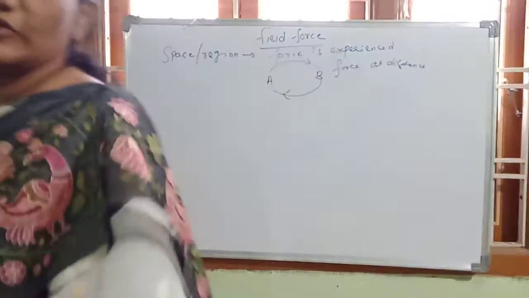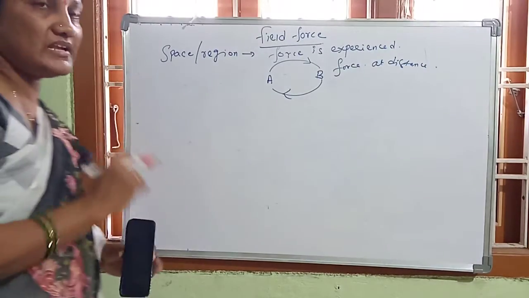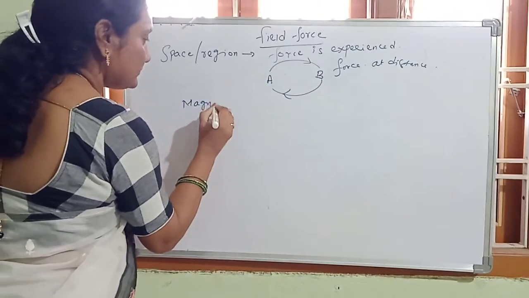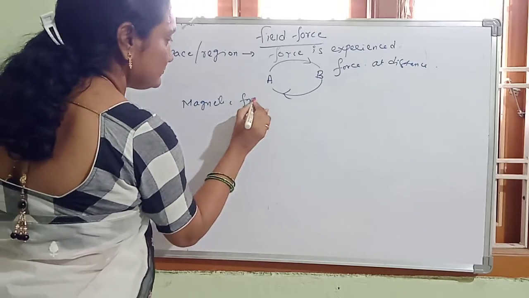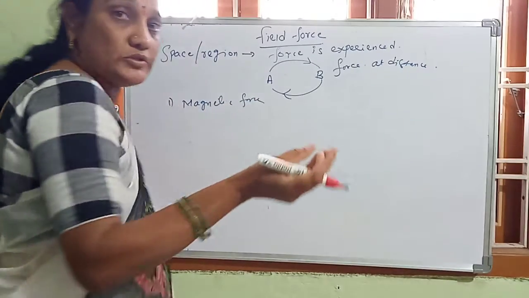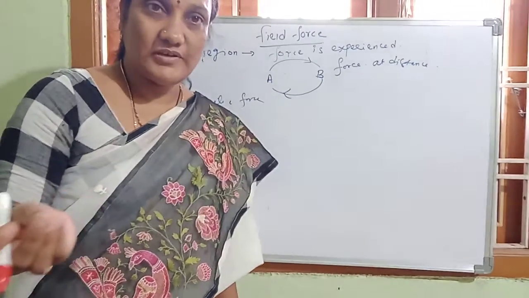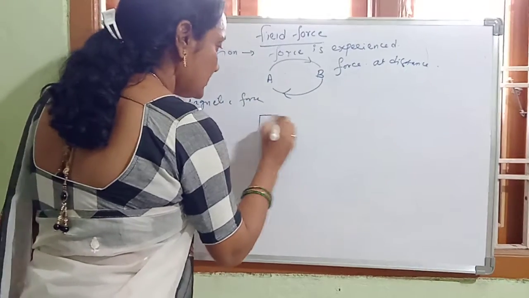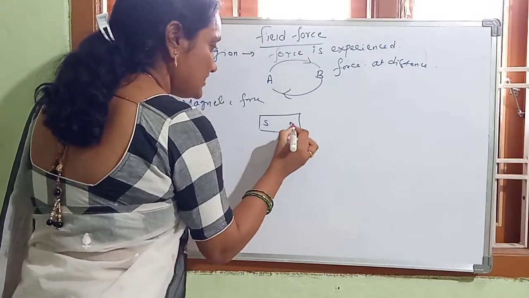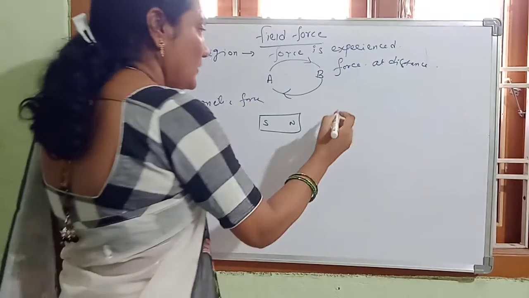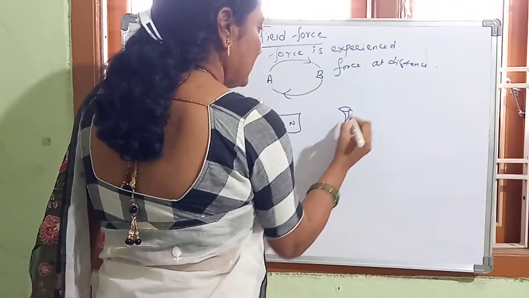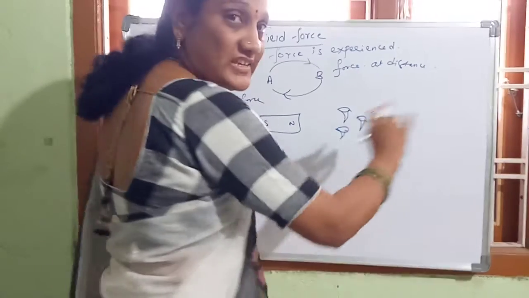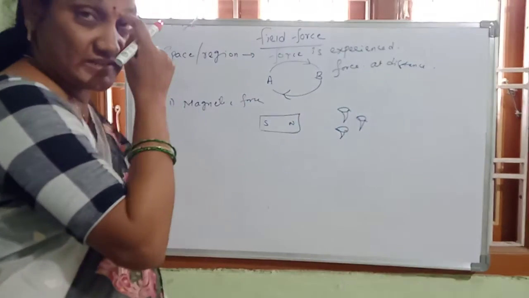Depending upon this, we have three field forces. The first one is magnetic force. In general life, you may see children playing with a magnet. Let these be nails placed at a certain distance from the magnet.